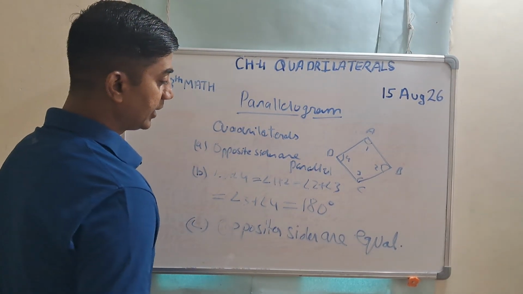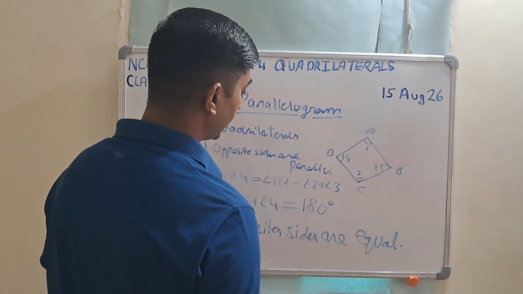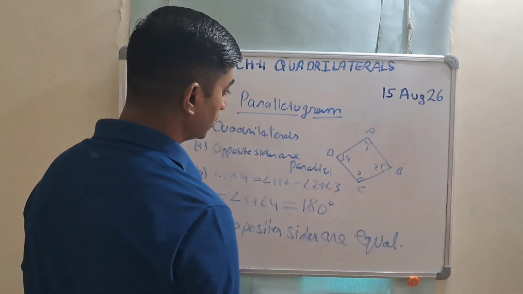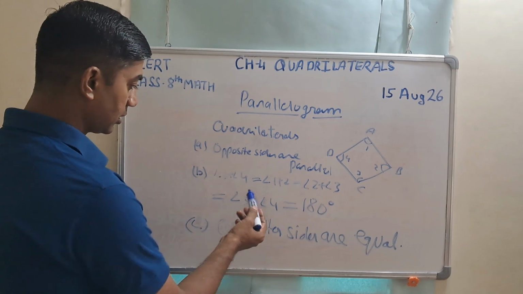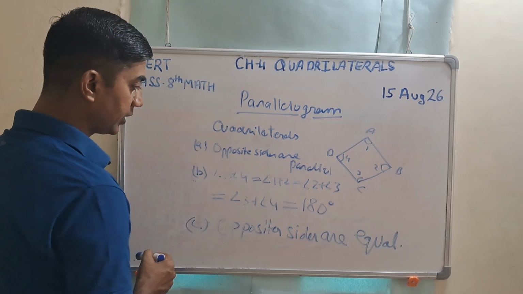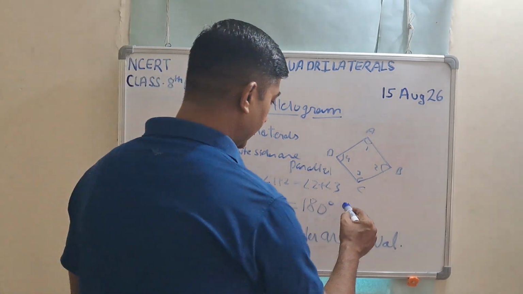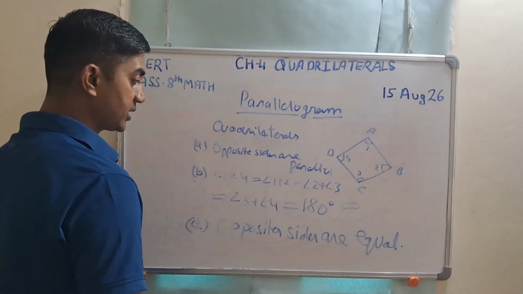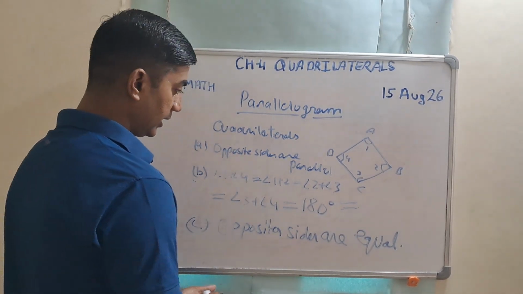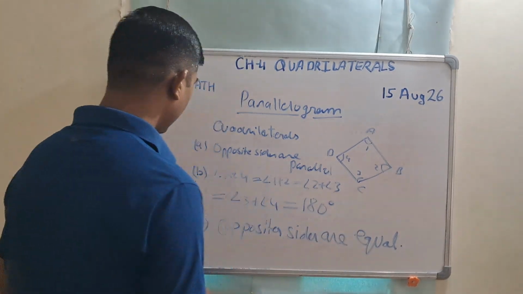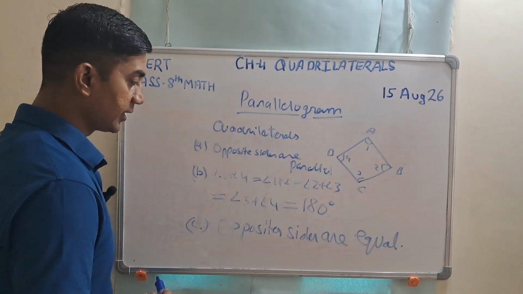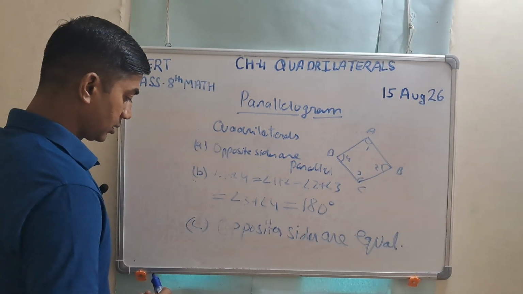And what more we have studied about the parallelogram? In this point we have studied one more point. What is that? That the sum of adjacent angles is 180 degrees, and opposite angles are equal. Understood?